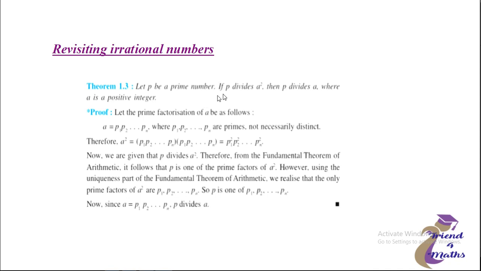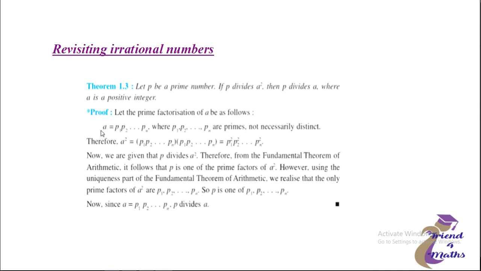From this we can understand that if p divides a square, that is, p is a factor of a square. Remember that. Also, any positive integer can be written as the product of its prime factors through the prime factorization method, we know that.